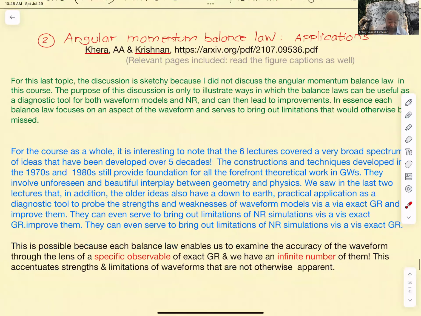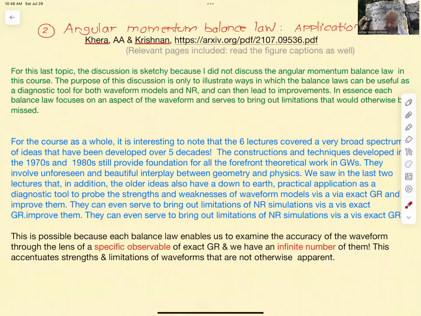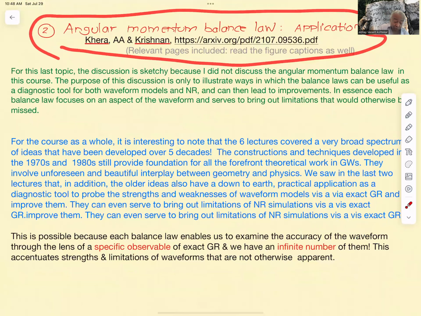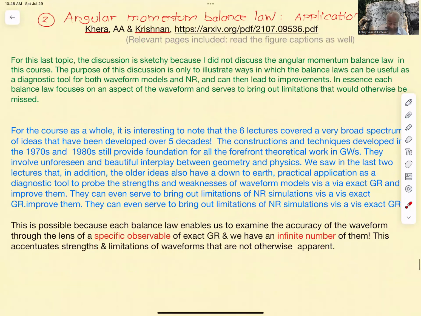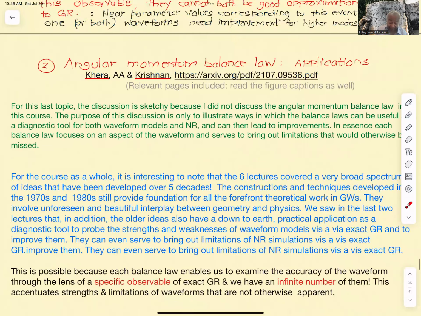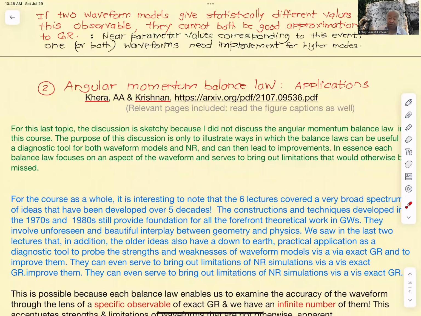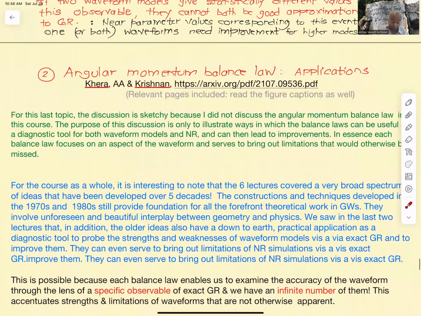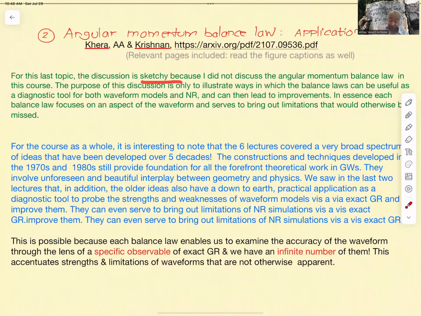Finally, I just want to stop here, but I included some slides about angular momentum, and you can go through them yourself. They start from here. It's the same idea. The angular momentum balance law also tells us about limitations of waveform models, and they can be improved. This is sketchy, and I just leave it for you to go through.